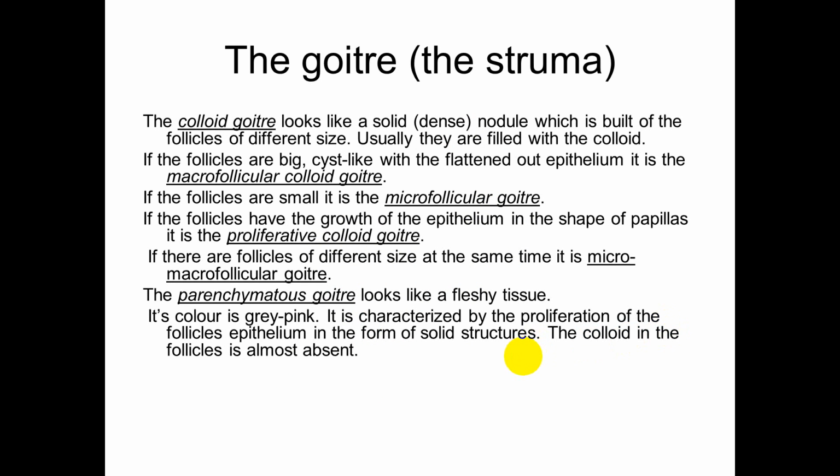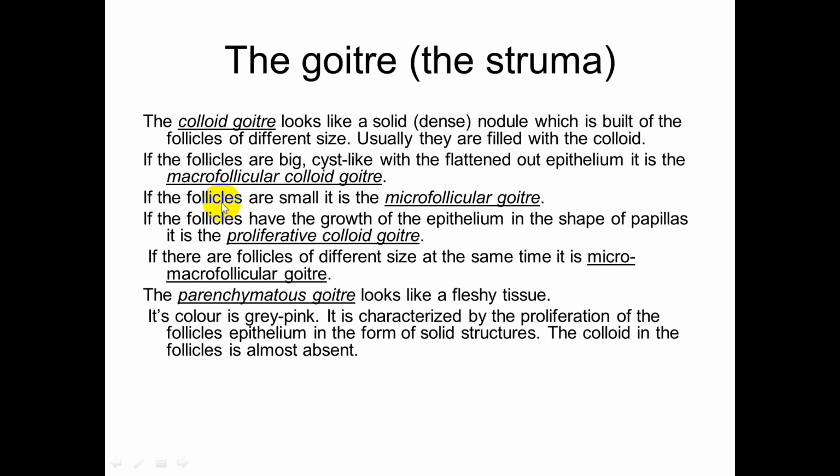Goitre or struma can be a colloid goiter, which looks like a solid dense nodule built of follicles of different size. Usually they are filled with colloid. If the follicles are big, cyst-like with a flattened epithelium, it is a macrofollicular colloid goiter.